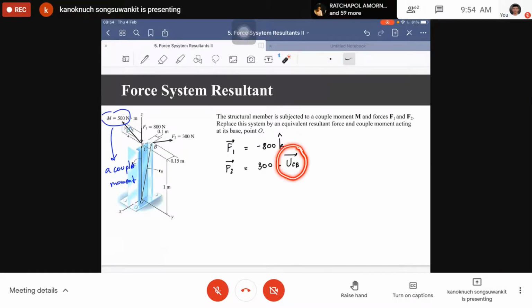To find the UCB, you have the position vector from point C to point B. So we have RCB equal to minus 0.115 i, because it's in the direction of minus x, and the distance on the y-axis equal to 0.1 j.